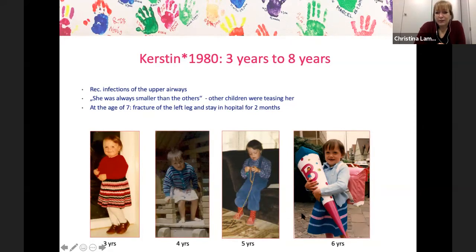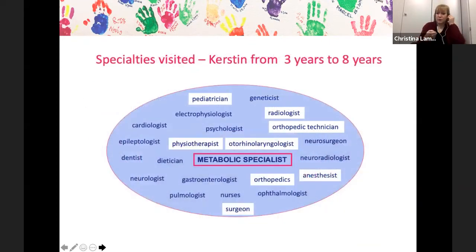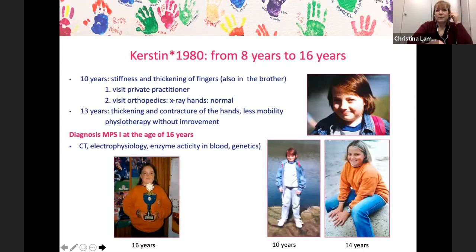And you see her here, still looking absolutely healthy. If you see the hands in the 6 years picture, you see that she had no contractures at this time, or not obvious contractures, let's say. So up to this age, she was also seeing the radiologist and an orthopedic technician afterwards, due to the fracture of the leg.